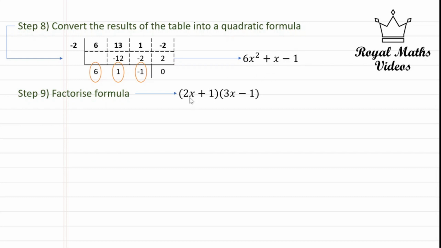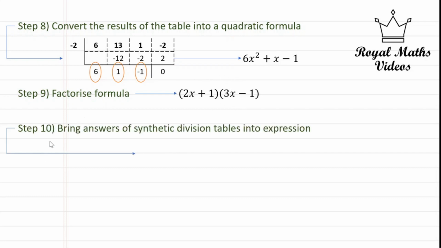So that's why we have 2x plus 1 and 3x minus 1. If you are struggling with this part of the steps, please refer to my factorization step-by-step guide.